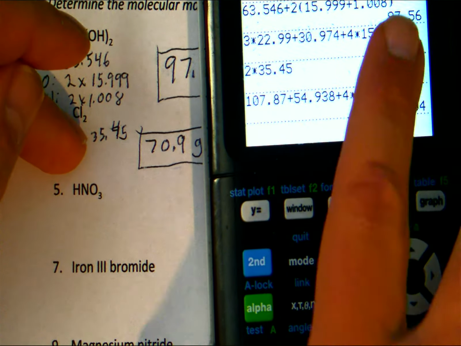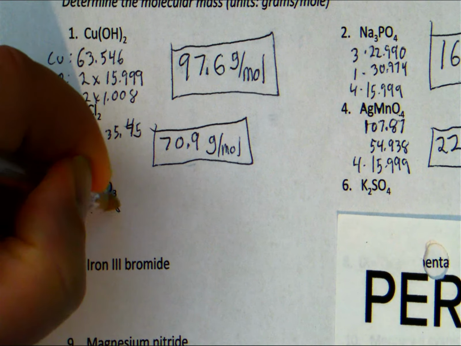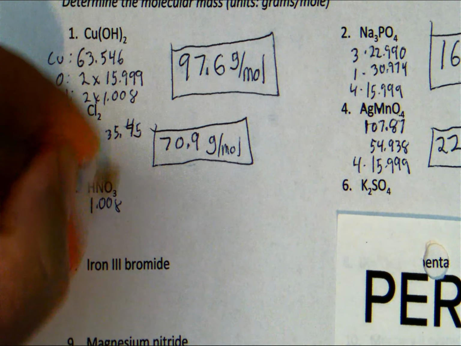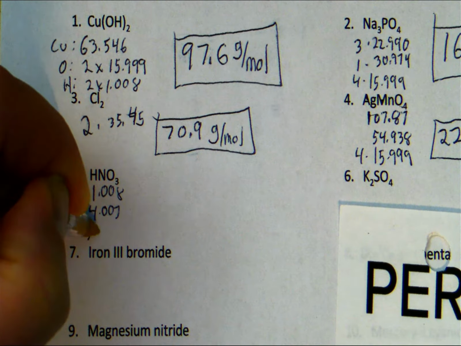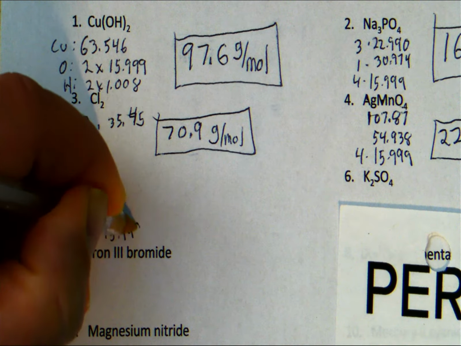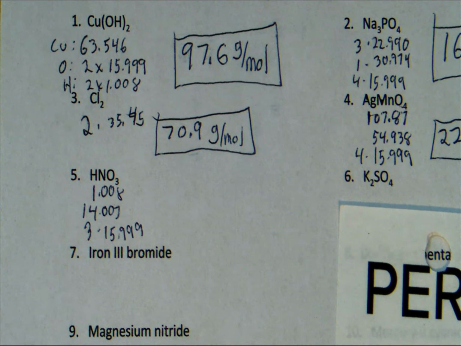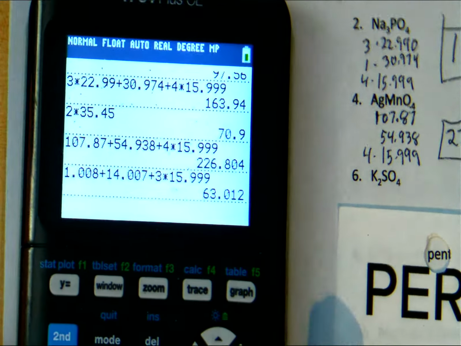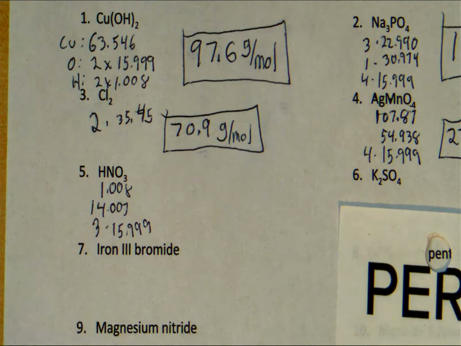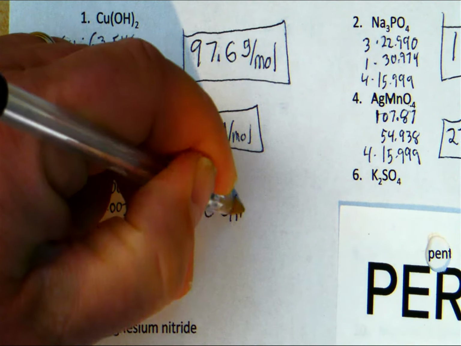Well, it's going to be one hydrogen, which is 1.008, one nitrogen, which is 14.007, and three oxygens, which is 15.999. 1.008 plus 14.007 plus 3 times 15.999, and I get 63.0 grams per mole.